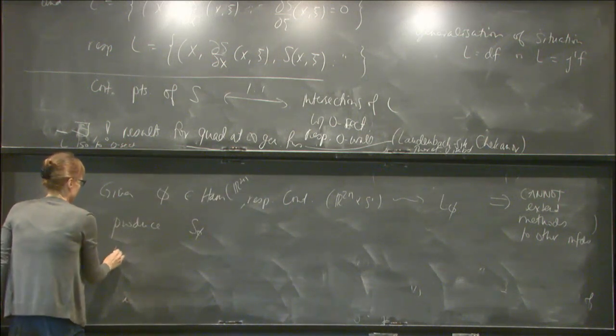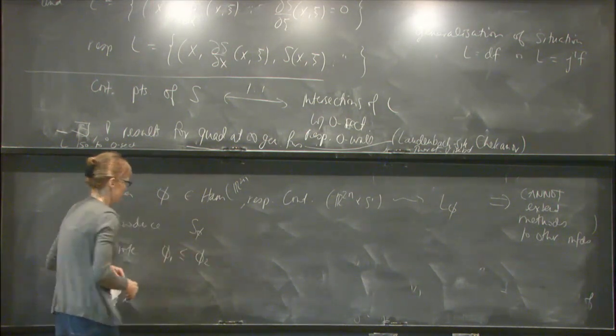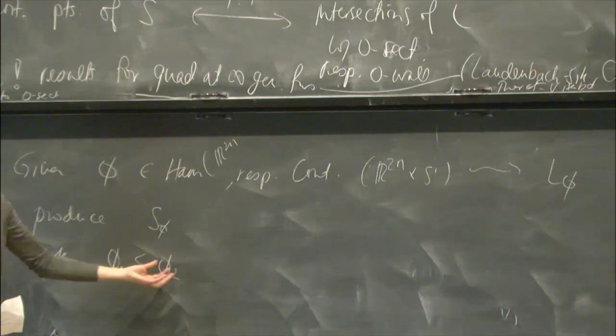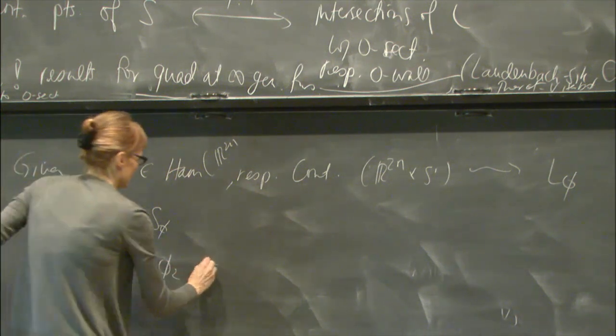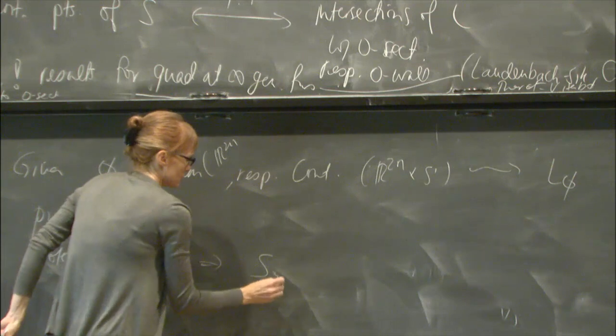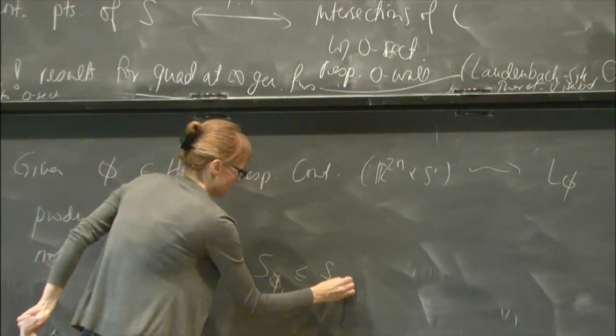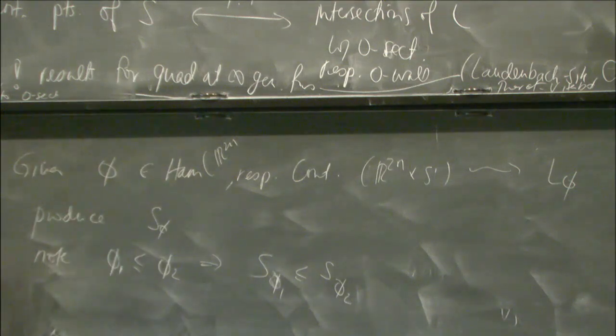and then we note that phi 1 is less than or equal to phi 2 with a suitable partial order. In that situation, you can produce generating functions S for phi 1 and S for phi 2 that will have the same order relationship.